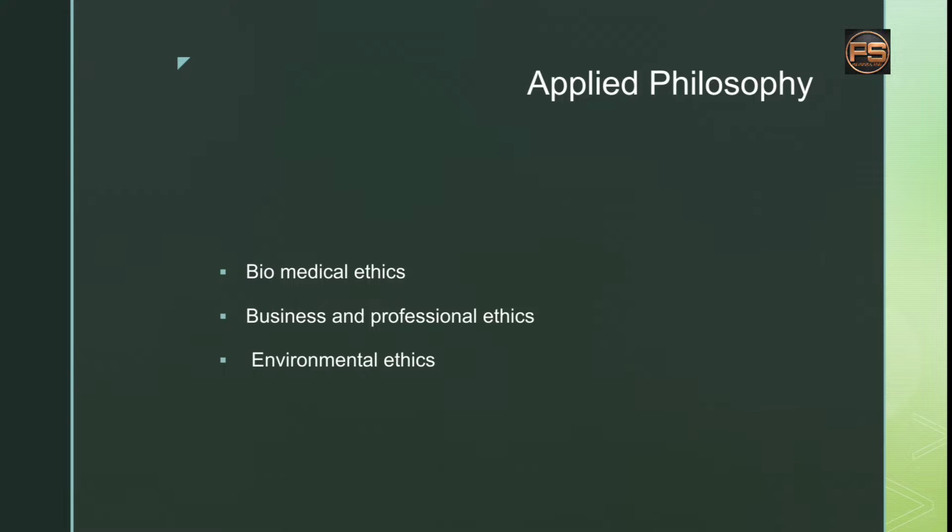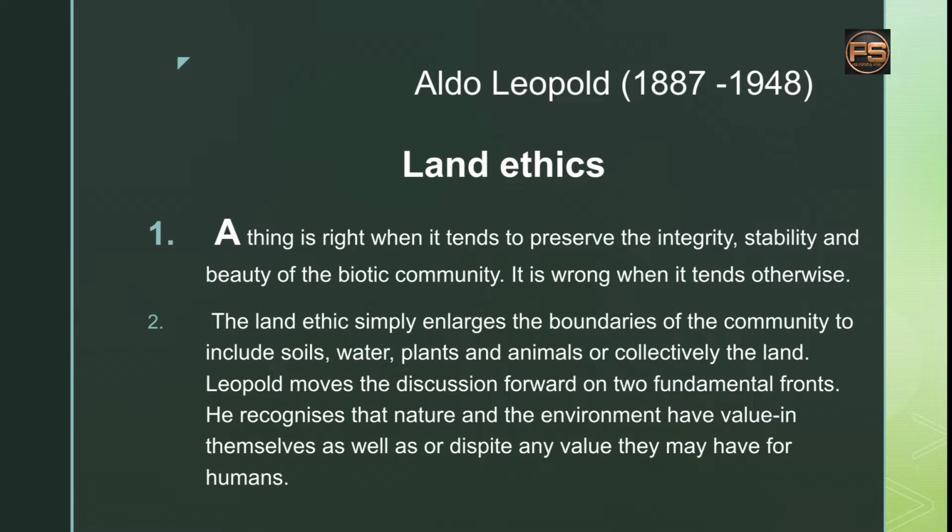Biomedical ethics is concerned with ethical issues in medicine and biomedical research, and business and professional ethics is concerned with issues arising in the context of business, including that of multinational corporations. And next, environmental ethics is concerned with our relations and obligations to future generations, to non-human animals and species, and to ecosystems and the biosphere as a whole.